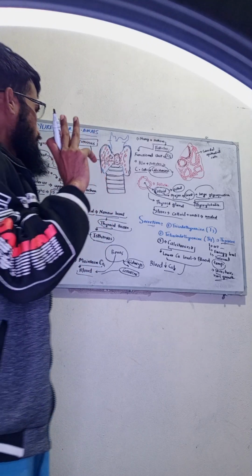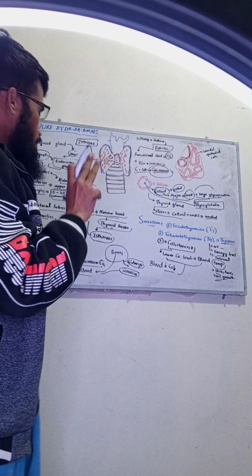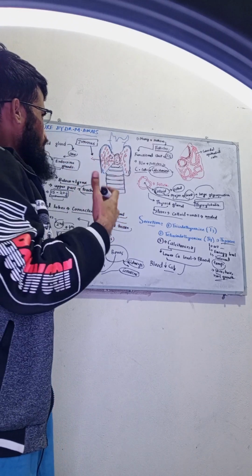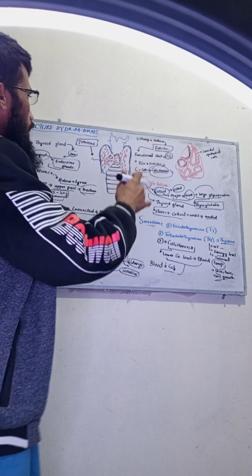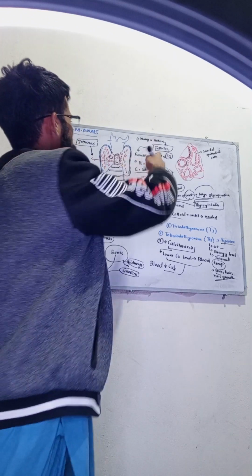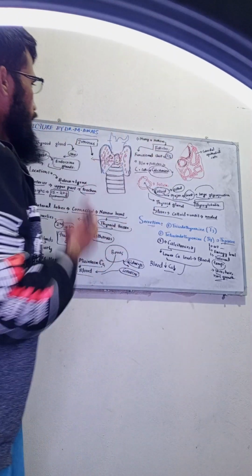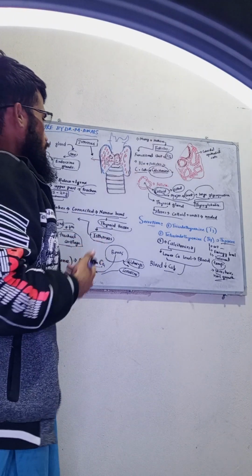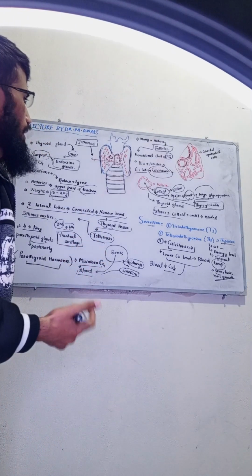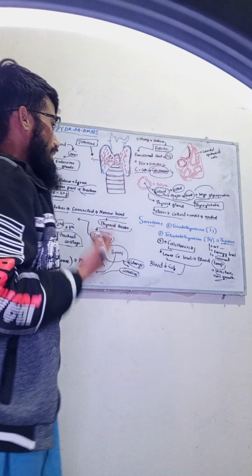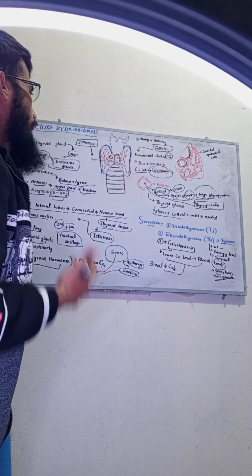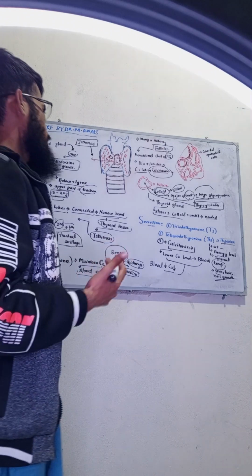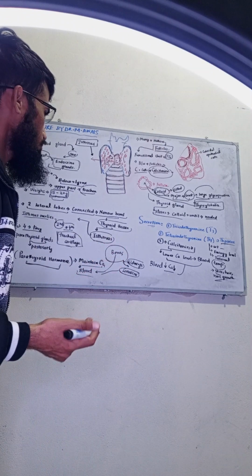Thyroid gland is histologically composed of follicles. This is the functional unit of the thyroid gland, with colloid inside. It contains a large glycoprotein called thyroglobulin.